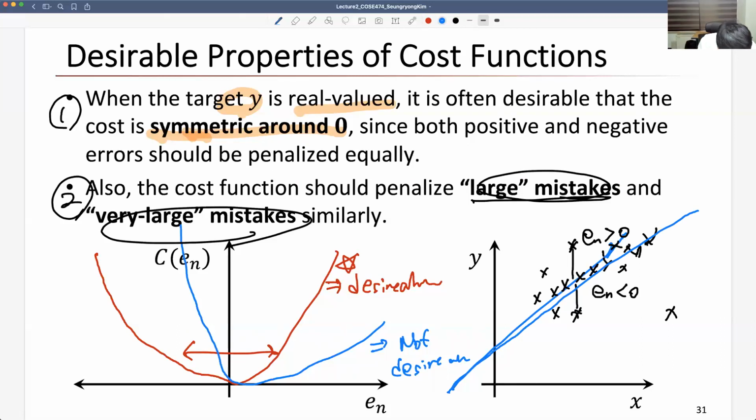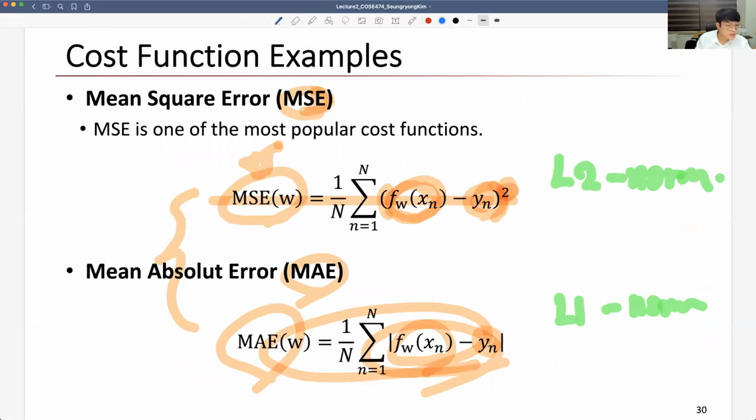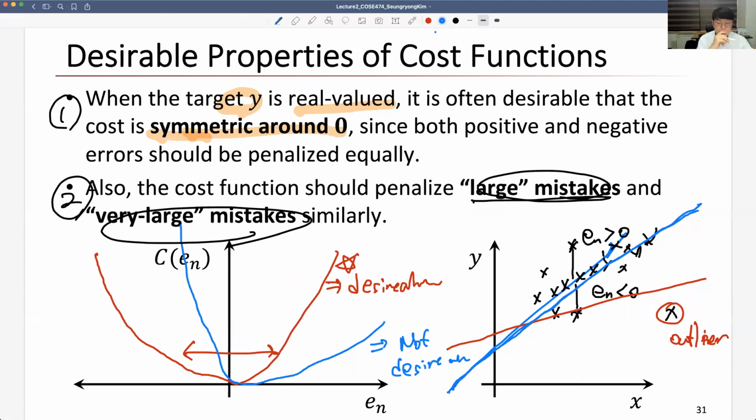But in some cases, the mapping function is very sensitive to outliers, right? So we want a mapping function that approximates the majority of the training data set. So this is the second desirable property. Actually, these two cost functions do not follow this second rule, right?